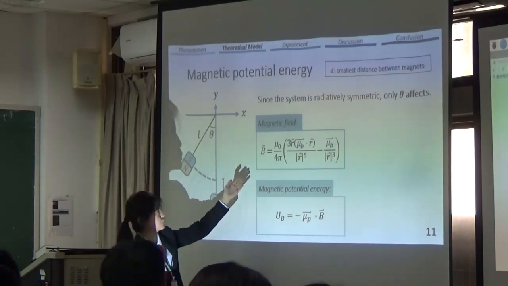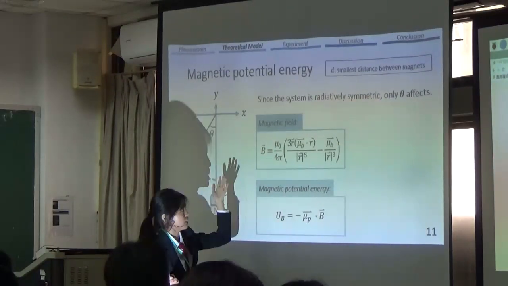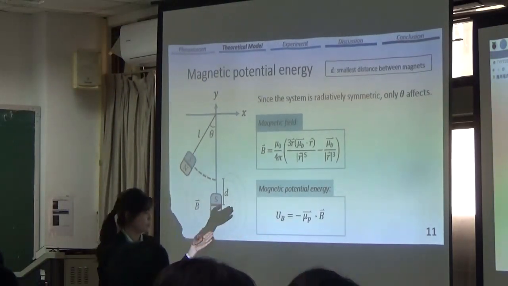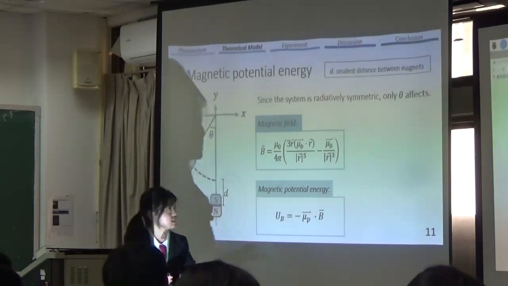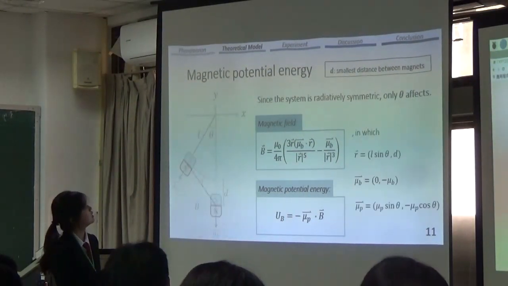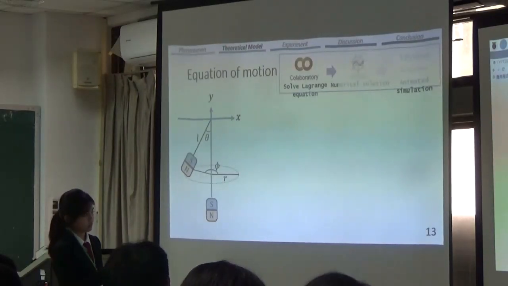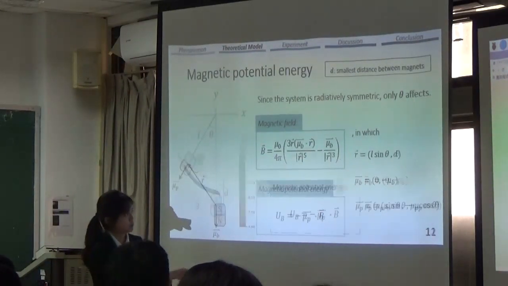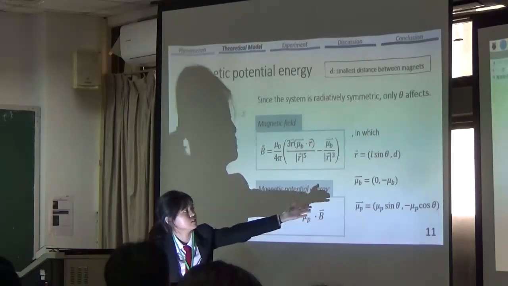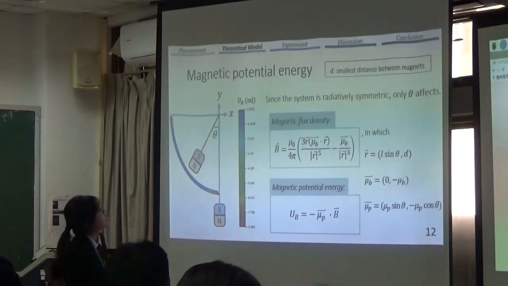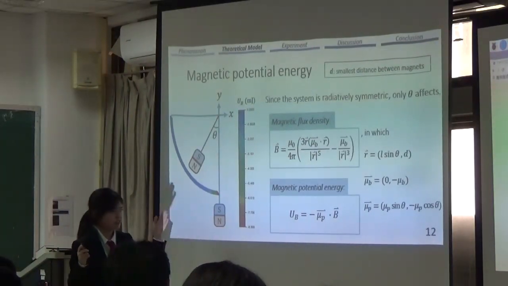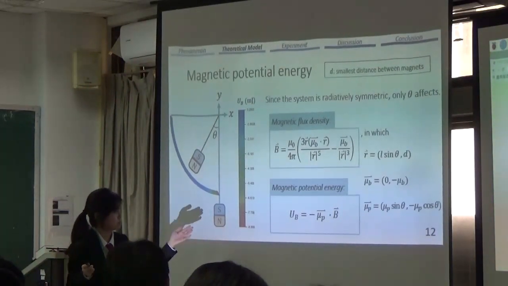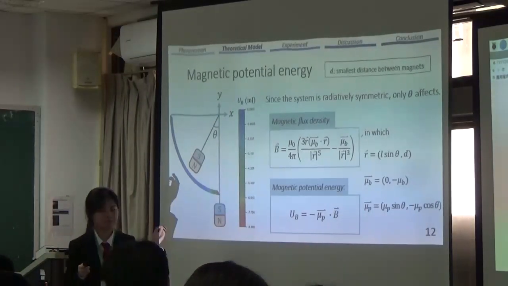The magnetic field will be this equation, and the magnetic potential energy equals negative mu dot B. The parameters we use are in here. And this is a graph showing the strength of the magnetic field.